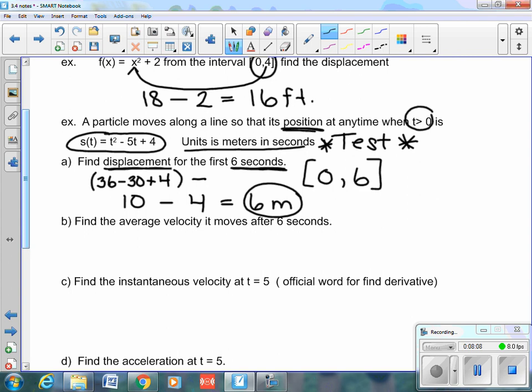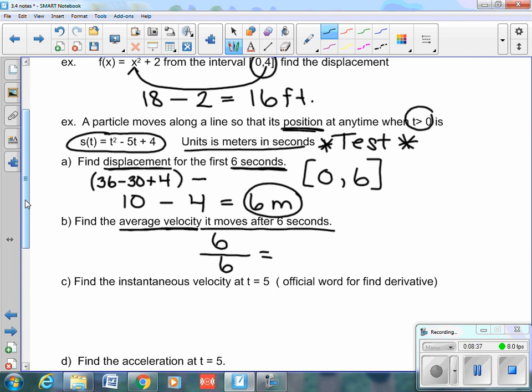So it should be easy to find displacement. How much did it move from one point to the other? Highest number minus the lowest number. Now, if they ask you on the test to find the average velocity for the first 6 seconds, you're just finding the average. How much did it move? You take the displacement, which is 6, and divide it by 6. If your displacement for the first 6 seconds is 6 meters, aren't you averaging 1 meter per second?